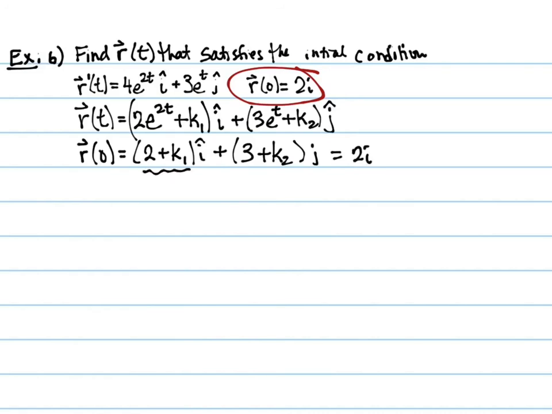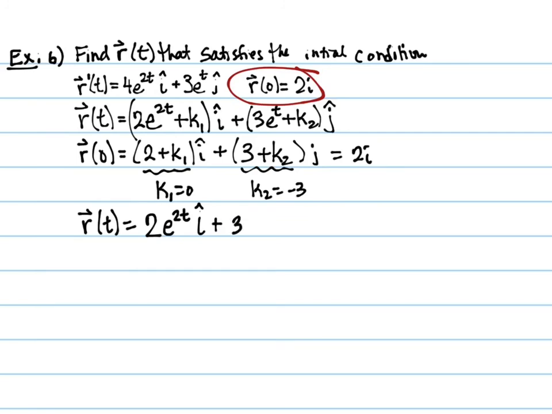Okay, so this piece right here needs to be equal to 2, which means that k1 is 0. And this piece needs to be equal to 0, which means that k2 is negative 3. So we're ready to finish our vector. This is r of t equals 2e to the 2t i plus 3e to the t minus 3, and that would be j.